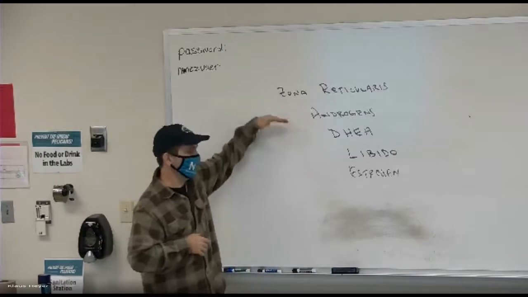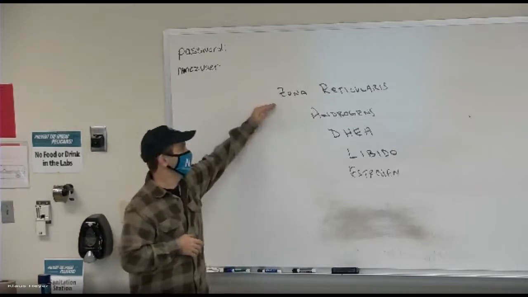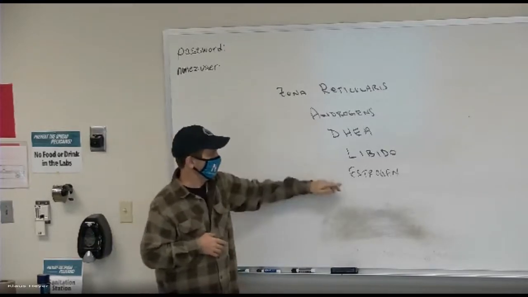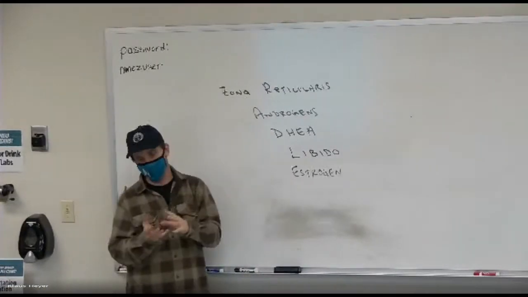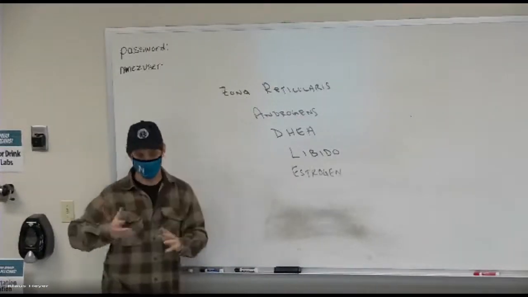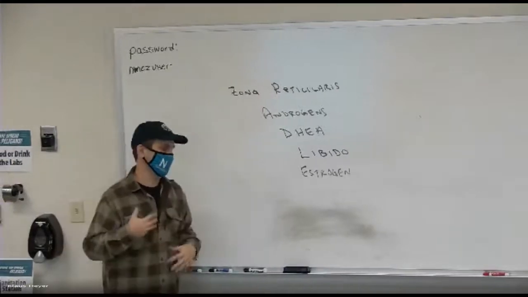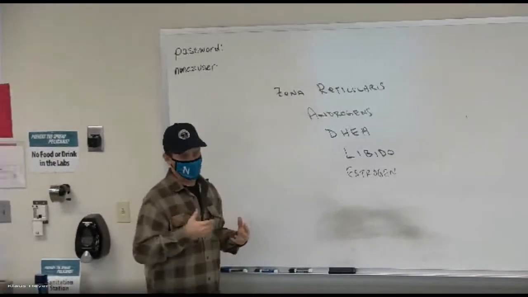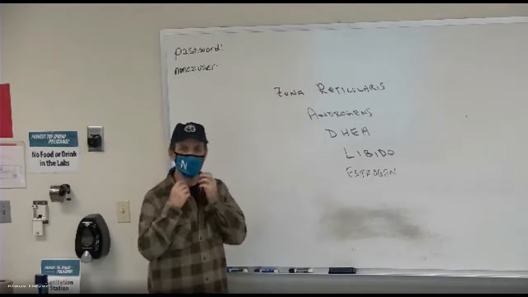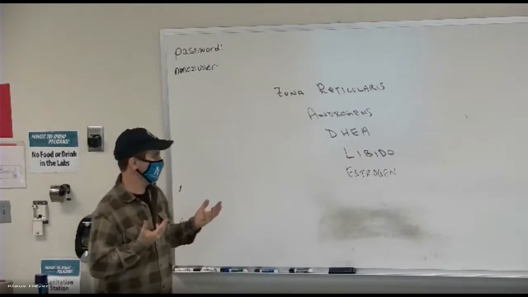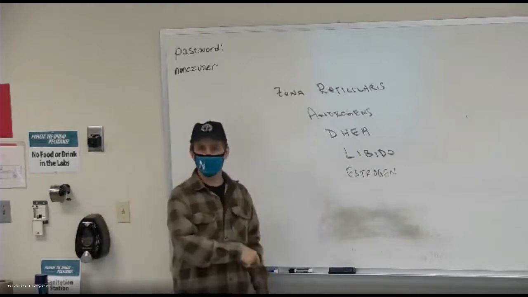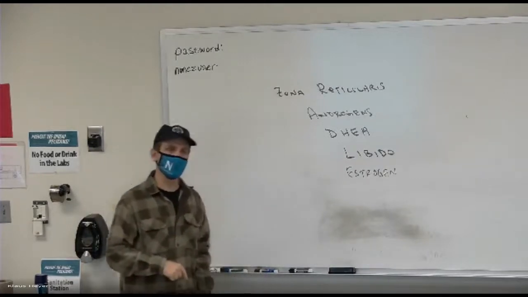If you mess with the zona reticularis and you mess with the androgens, you're not going to make as much estrogen, meaning the balance would shift towards testosterone. So you would get something like pseudomorphism, you would get hair in your face. That would be a sign. Maybe you could trace that back to the adrenal gland.